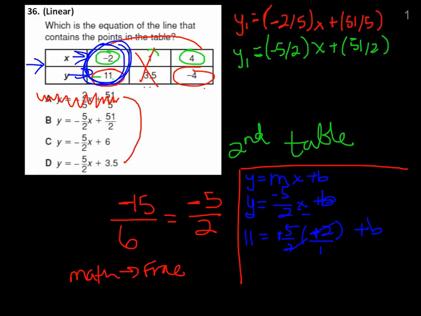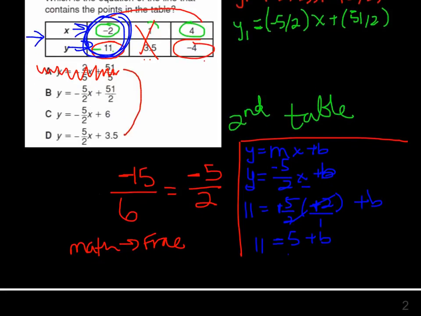It cancels out when there's a 2 on the bottom. So we get 11 equals 5 plus b. So b must be 6. So we can subtract 5 from both sides just so we can make sure that that is true. Okay, 6 equals b. So that gives us C is our answer. Woohoo!